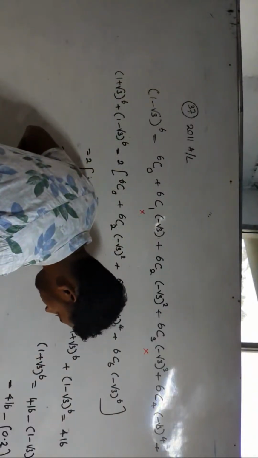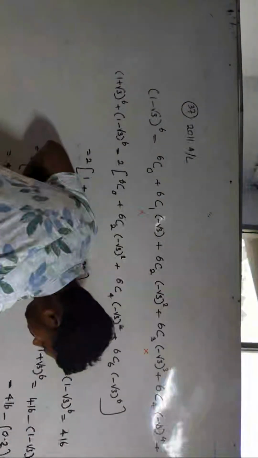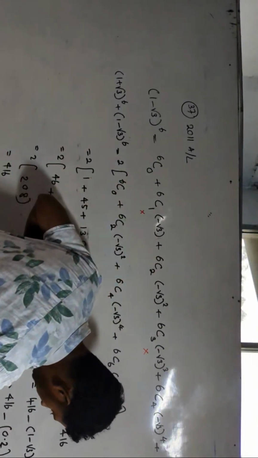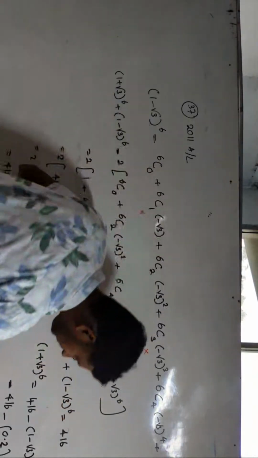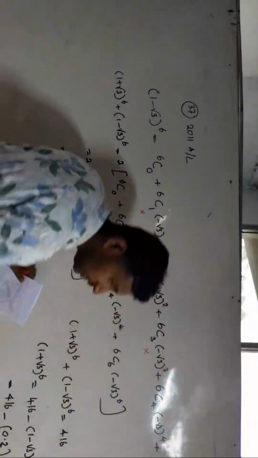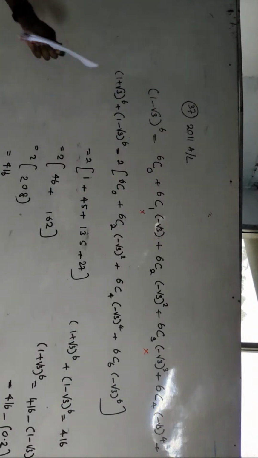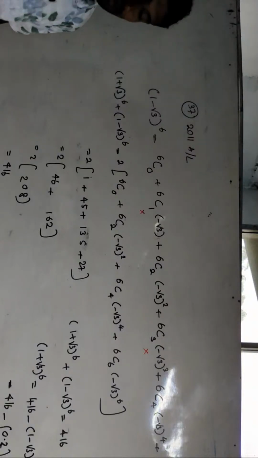So the integer part of (1 plus root 3) to the power 6 is equal to 415. That's it. 415. So keep in mind that thing, when you take any power of a decimal number, there is always 0 point something like that. Okay.